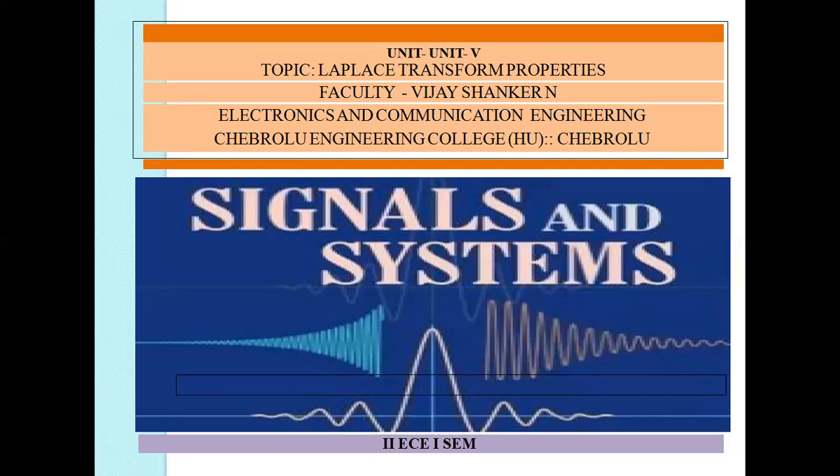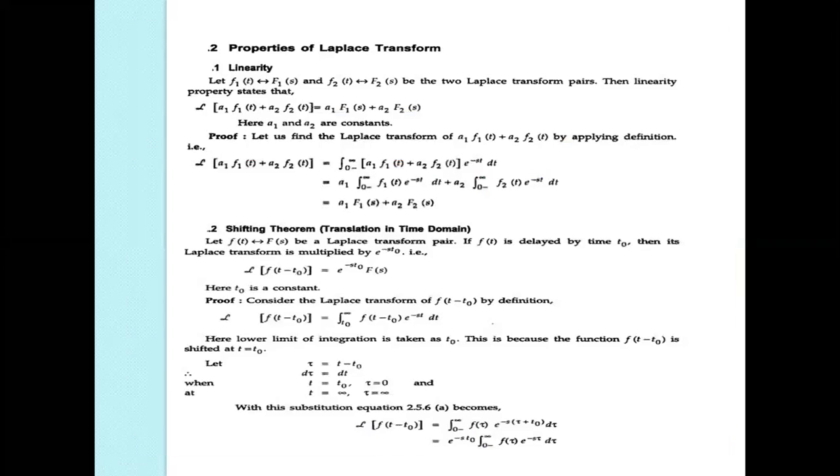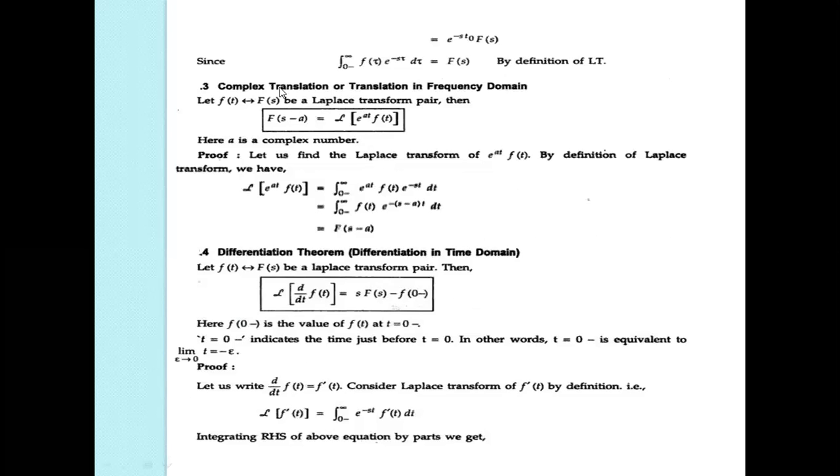Those 4 properties are the linearity property; second, the shifting theorem or translation in time domain; third, complex translation or translation in frequency domain, the frequency shift property; and fourth, the differentiation theorem, or differentiation in time domain.